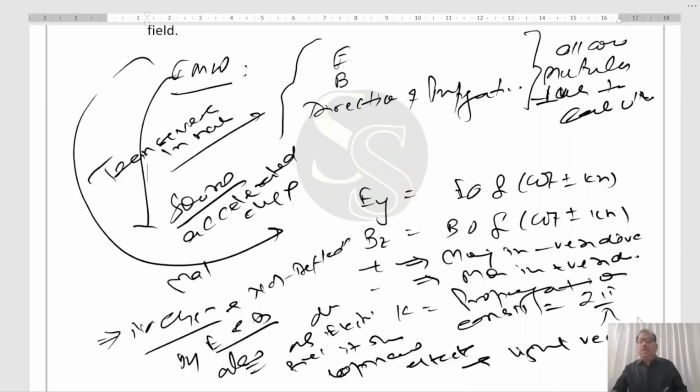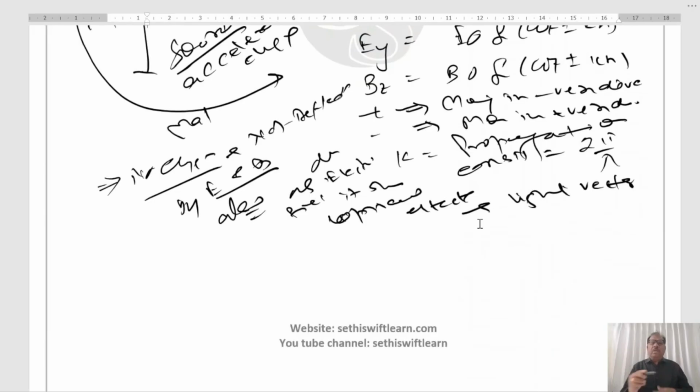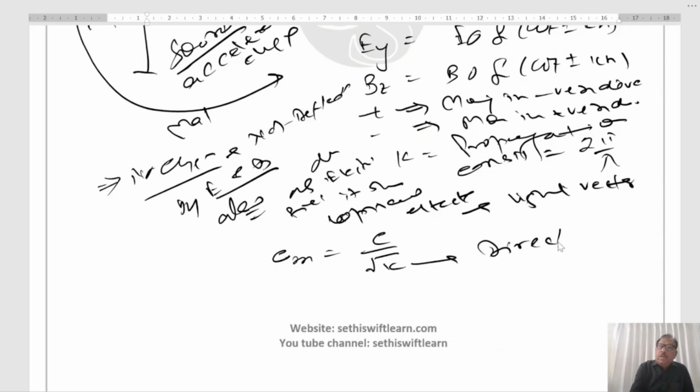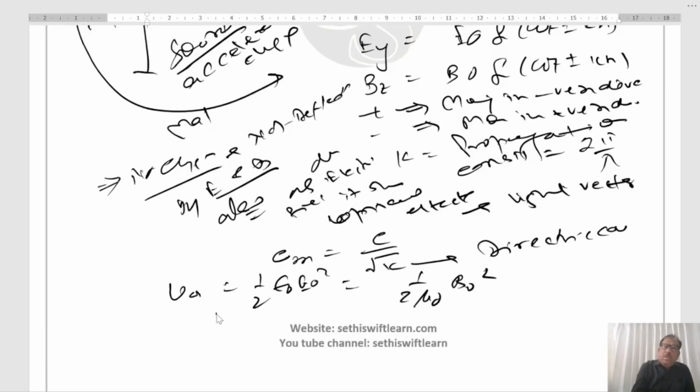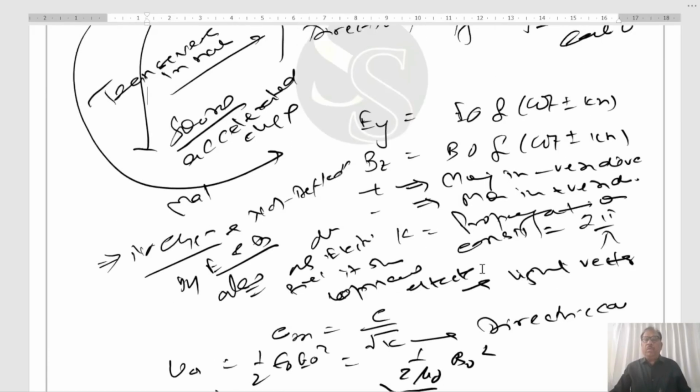Right? These are all the additional information. Then in a medium they travel at C over root K, where K is the dielectric constant. Average energy density U is half epsilon naught E naught square, equal to 1 by 2 mu naught B naught square. They are equal, right? Average electric field energy density and magnetic field energy density. These are all about this one.